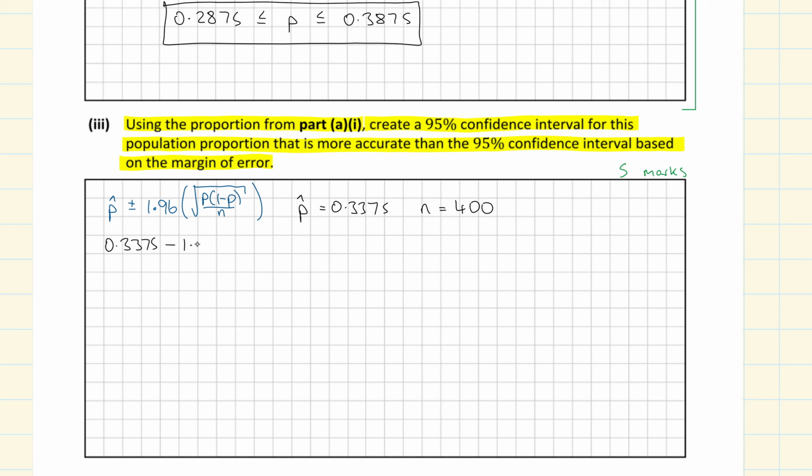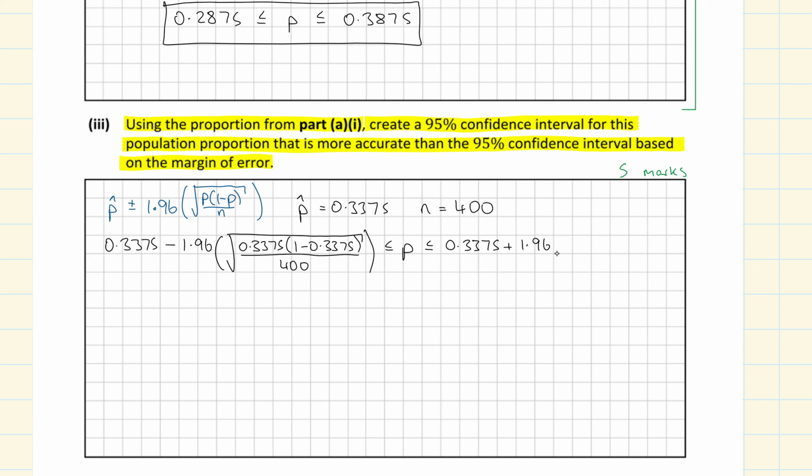So we get 0.3375 minus 1.96 times the root of 0.3375, 1 minus 0.3375 all over 400. Close your bracket, less than or equal to p, and this time, same figures, we just add them instead.